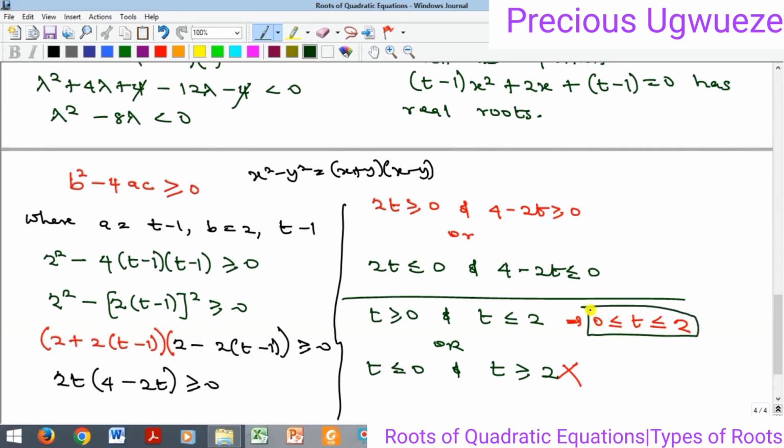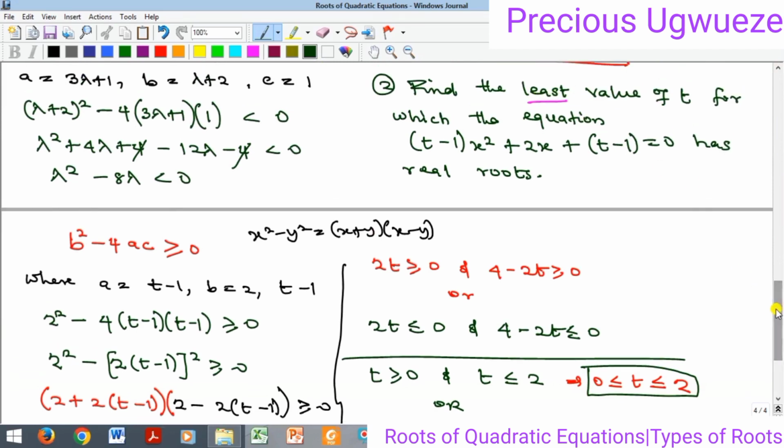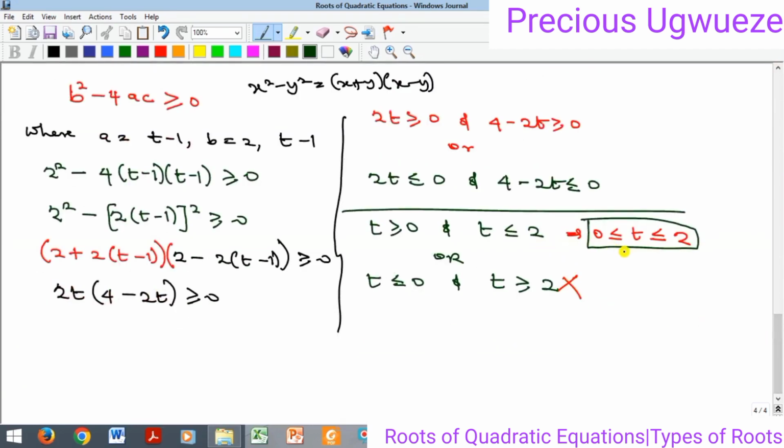If you go back to the question, they said they are interested in the least value of t, and if you come back here, you will see that the least value of t in this range here is t equal to 0, and that is the answer that we are required to produce. So t equal to 0 is the least value that will make that equation given to us to have a real root.